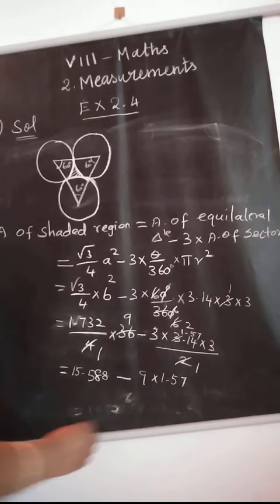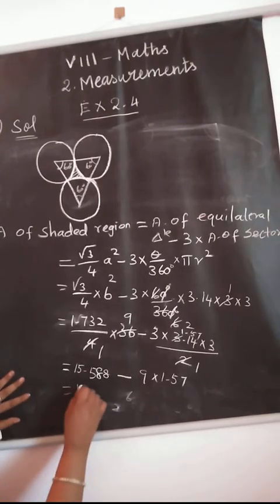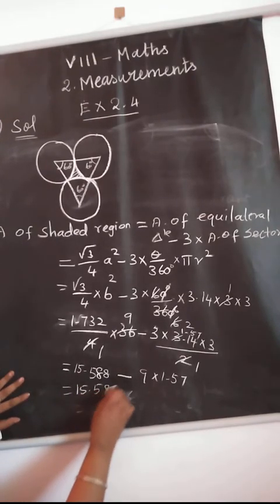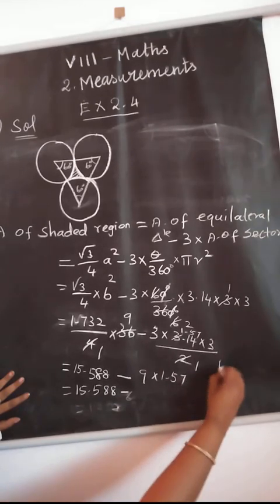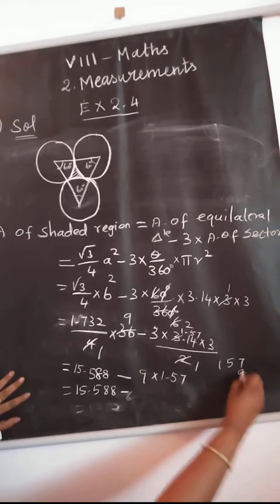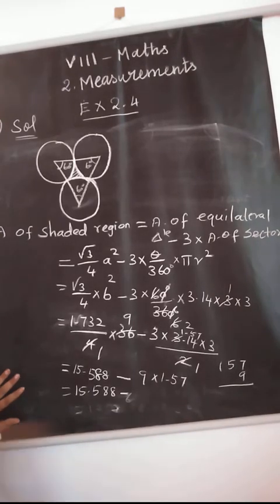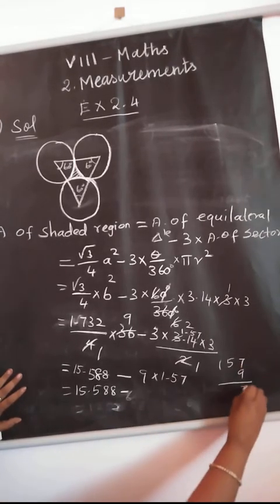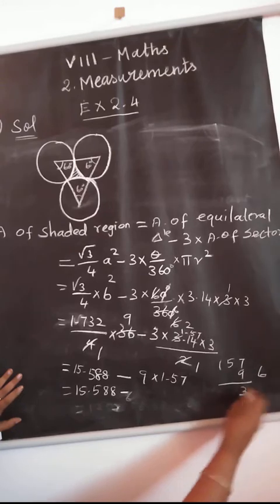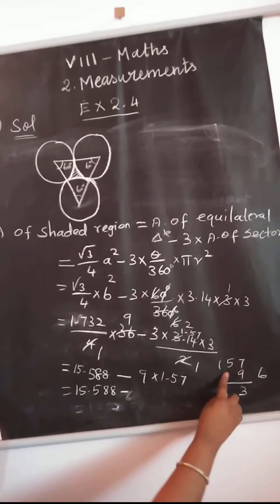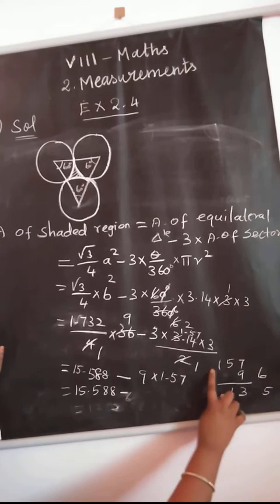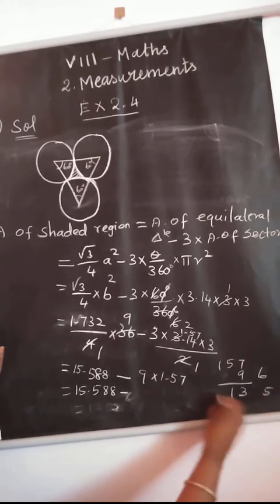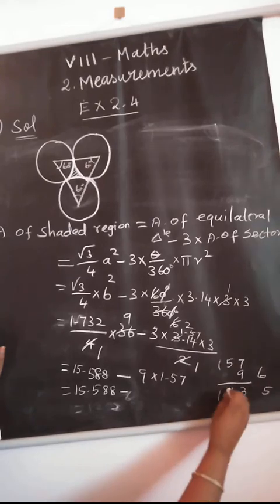Now multiply the value. 15.588 minus 1.57 into 9. 9 7s are 63. Balance 6. 9 5s are 45. 45 plus 6, 51. Balance 5, 9 ones are 9, 9 plus 5, 14. So we get 2 digit.